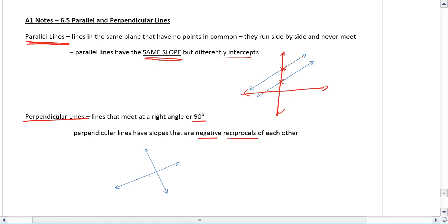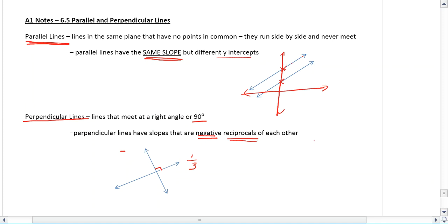So for instance, you can see the slope of this line is definitely positive, maybe it's up 1 and over 3. That means the slope of a line that hits it at 90 degrees, negative means you would take the other sign, so from a positive 1/3, this slope would be negative.